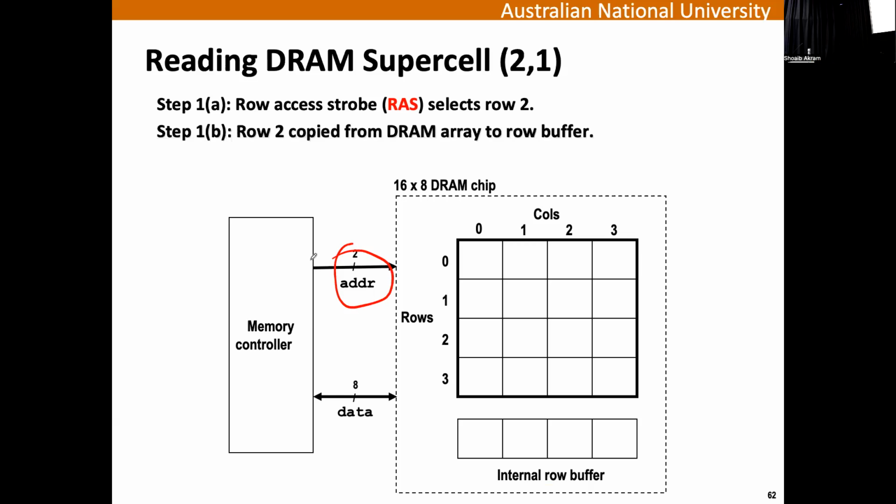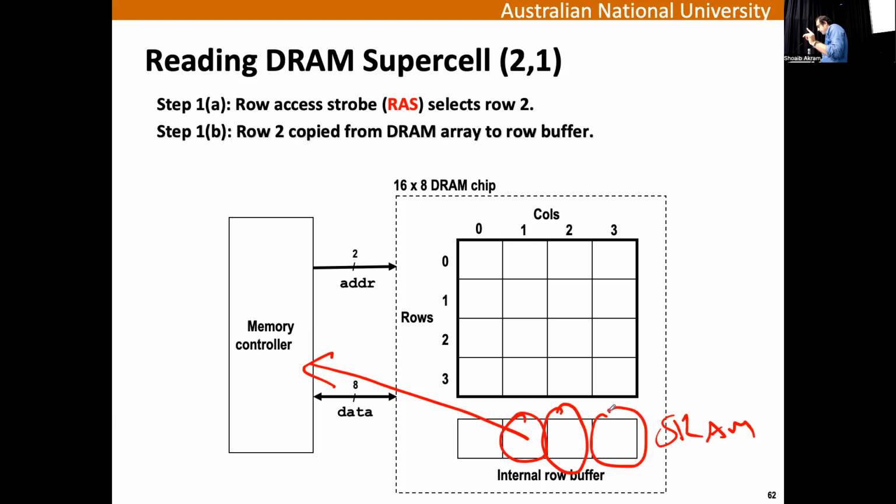So 2 things. First of all, the real translation of addresses is a little bit more complicated. We need row access strobe and column access strobe. Second thing, locality and caching is everywhere. Even in a DRAM chip, I have an SRAM row buffer, and my expectation is that if I'm sending this supercell this time, then next time, if there is a request for this supercell or this supercell, then I don't need to go to the DRAM array.